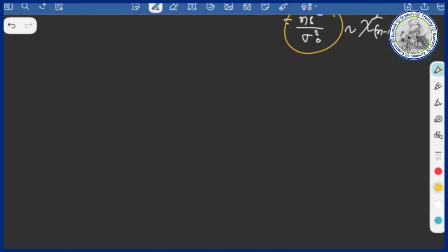Let me explain this with the help of one example. Question: it is believed that the precision of an instrument is not more than 0.16.